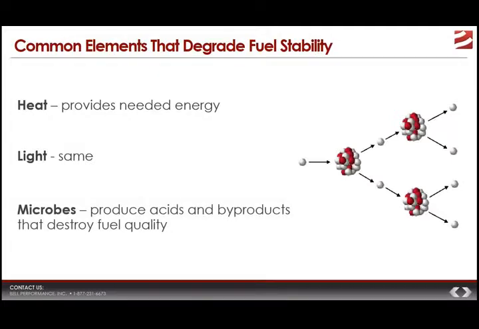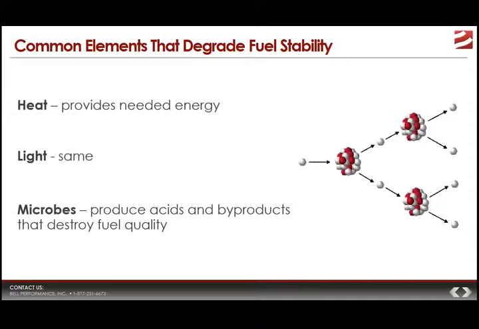And then the last thing we said just a minute ago, microbes. When you get microbial growth in fuel, these produce acids and they produce byproducts of their biological processes. And these combine together to destroy fuel quality. So, 6 common things.